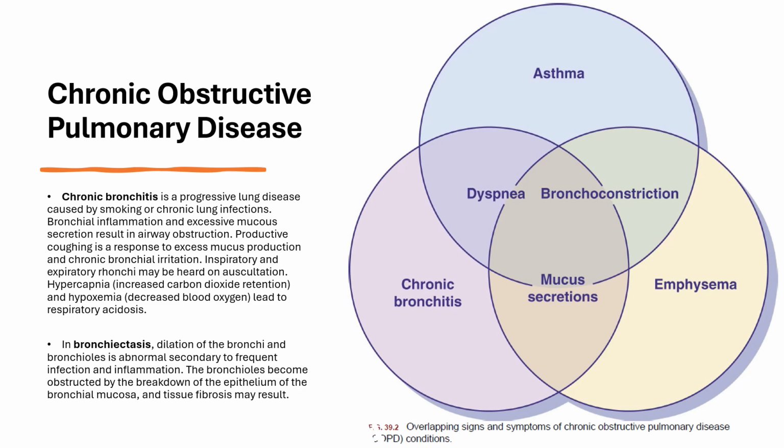Bronchitis, or chronic bronchitis: you have increased mucus production caused by infection and airborne irritants that block airways in the lungs, which results in the decreased ability to exchange gases.